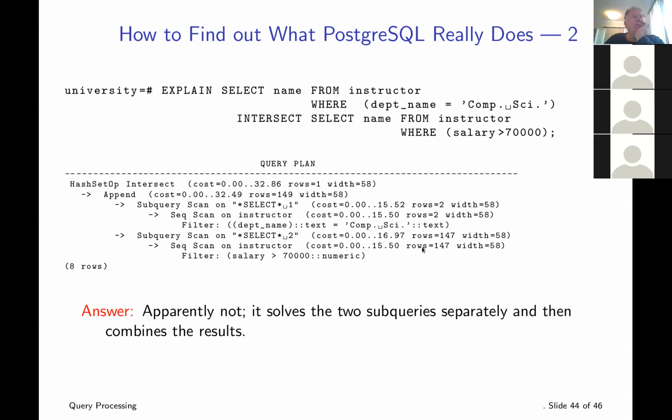Notice it predicted 147 rows coming back on this, and two rows coming back with computer science. I don't know how accurate these are, since these are predictions.